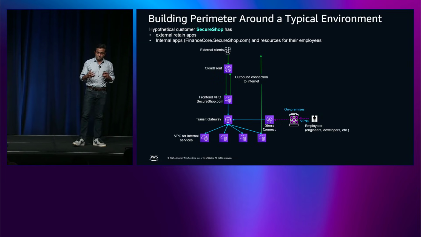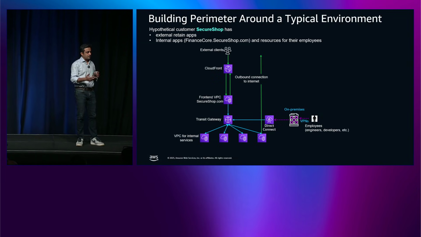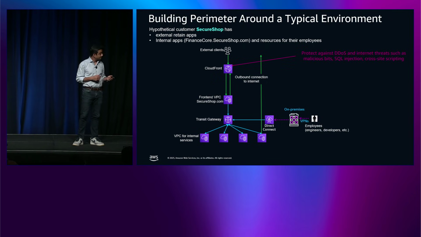And our customer, secureshop.com, to provide better performance, content acceleration, and caching, is also using CloudFront for the public-facing website. And they also have applications and employees on-prem. Those employees and applications are also accessing the VPCs through the transit gateway.